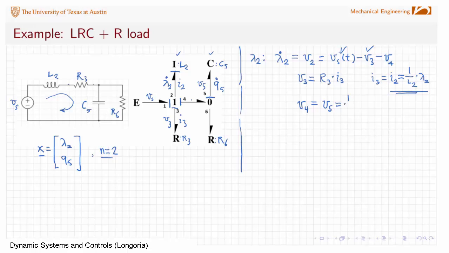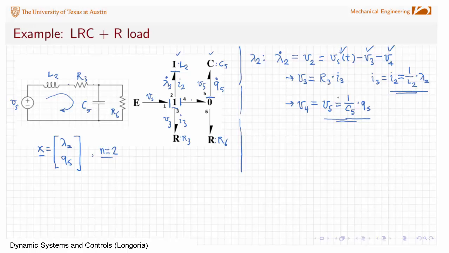The voltage on the capacitor, which is 1 over C5 times Q5. That's a state. So I've determined both terms, V3 and V4, in terms of states of the system.